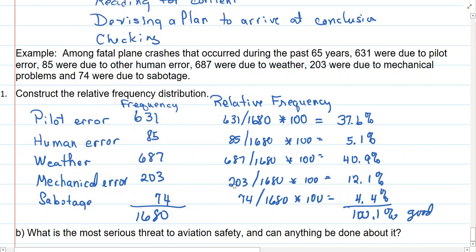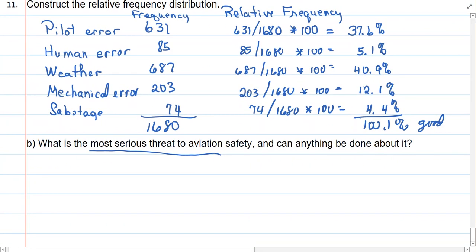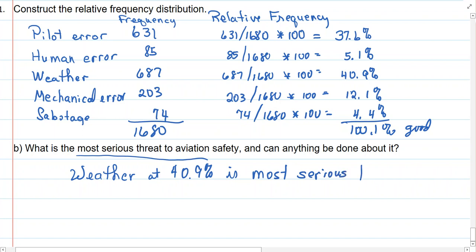All right, so now let's see what they want us to assess. What is the most serious threat to aviation safety? And we're looking for the highest percent. It is weather at 40.9%. That is most serious. All right. Well, then it asks, can anything be done?